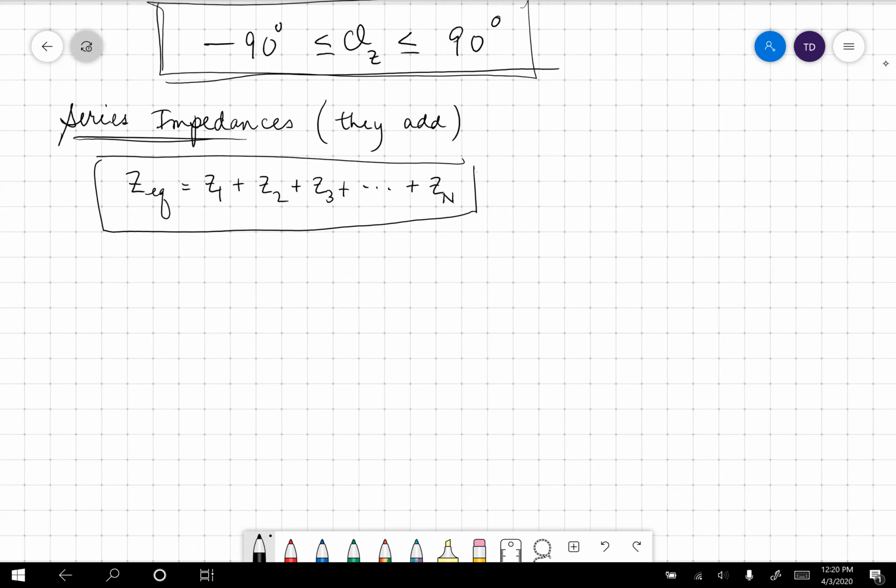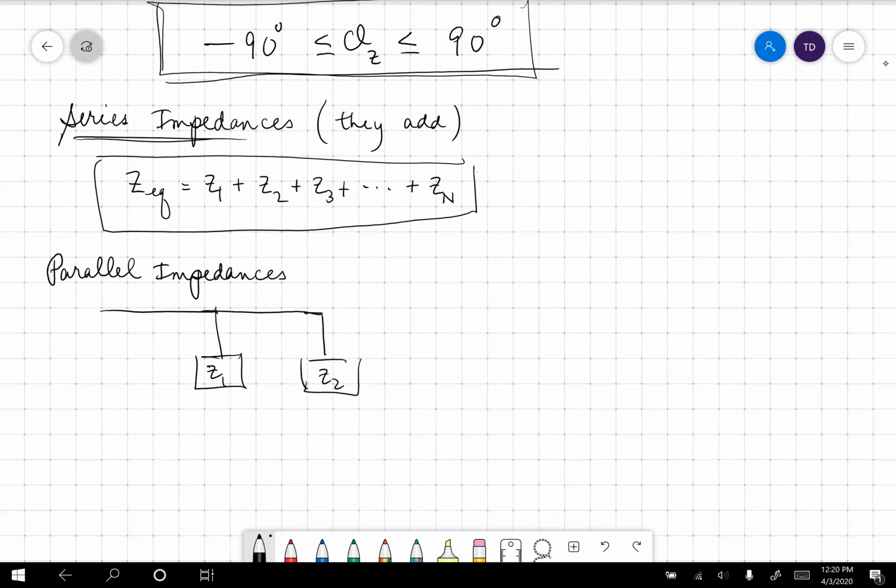Let's look at what happens when they're in parallel. So parallel impedances, picture of that: Z1, Z2, Z3, up to Z sub n. I think we had a picture of this yesterday as well.